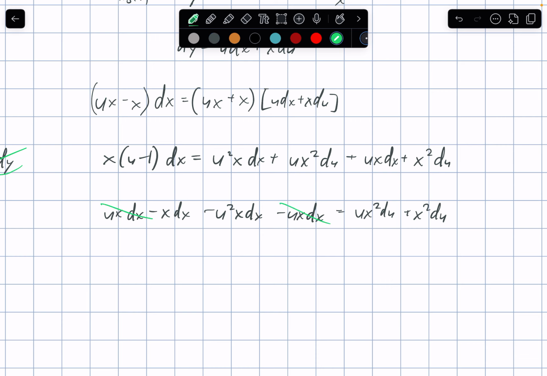Ux dx can be cancelled, no? Let's change the signs. x times 1 plus u squared dx equal to negative x squared u du minus du. No, plus du.